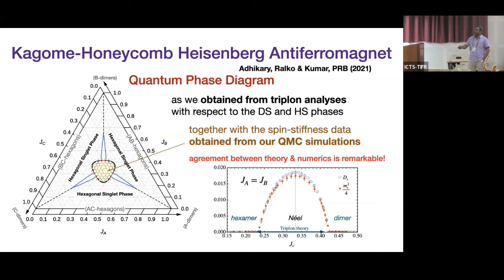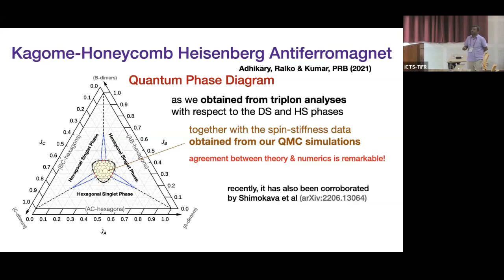On this side, for the dimer phase versus null phase transition, our analysis is slightly overestimating the singlet phase, whereas the numerics is lower, but still it is on the same scale. This is 0.4 versus 0.44 or something. So the agreement between theory and numerics is quite good.